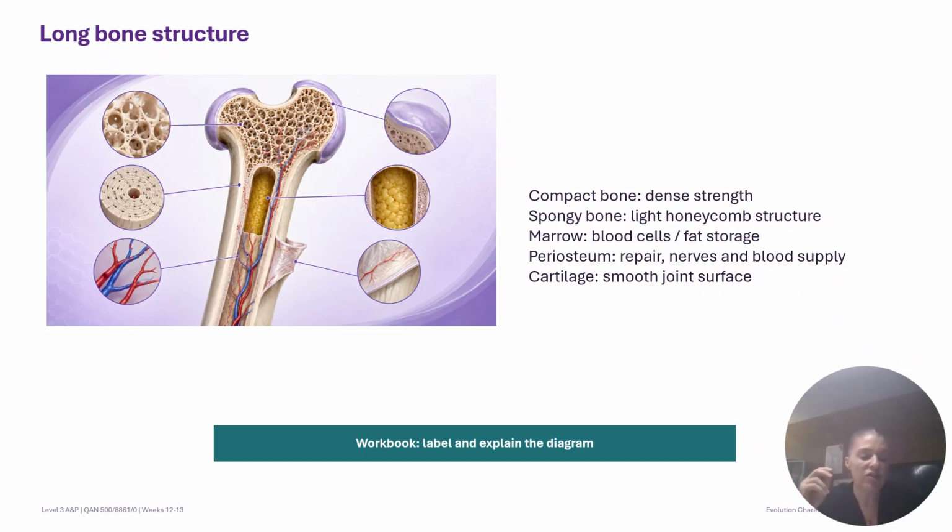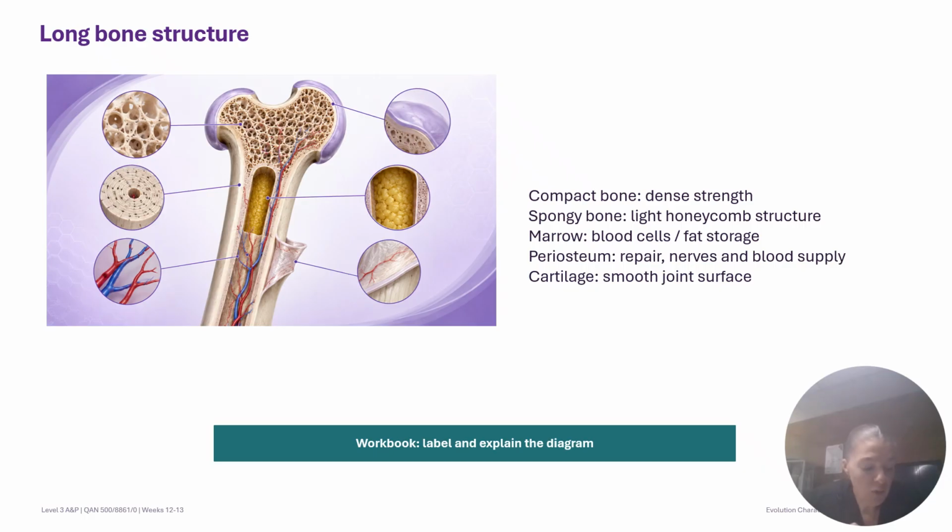Okay, so this is a long bone structure, and we're going to label it and we're going to explain. So the compact bone, think about everything nice and tight inside of the bone. Okay, that's dense in strength. The spongy bone is like a light honeycomb structure. The bone marrow is blood cells and fat storage.